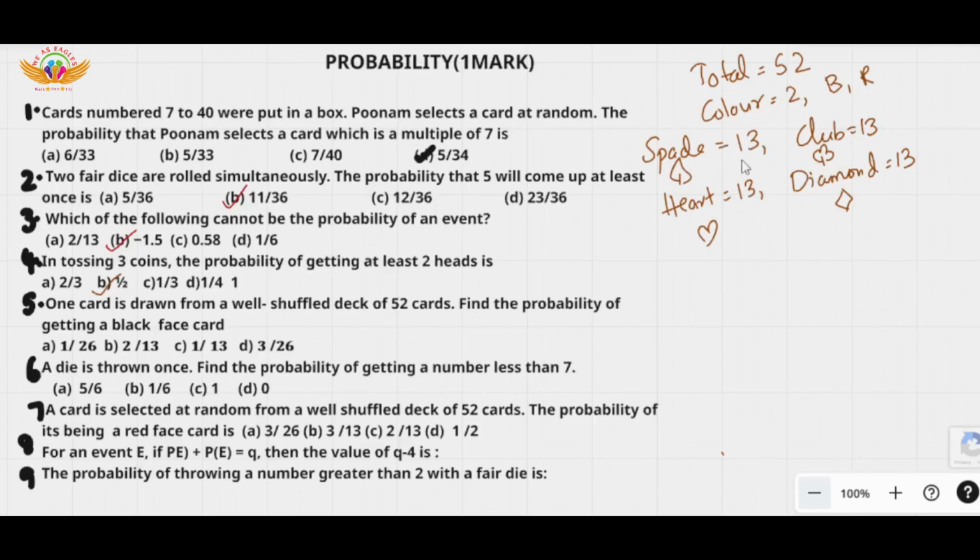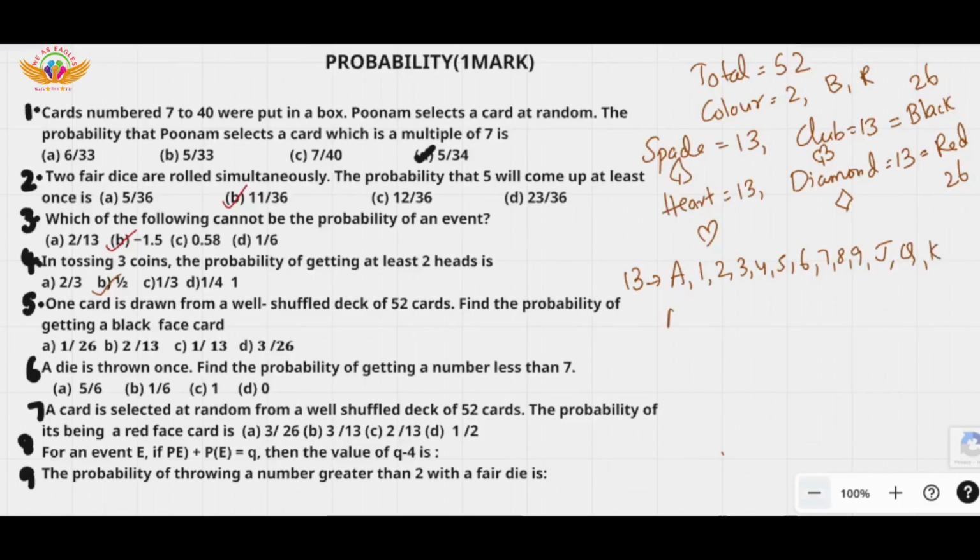In this, spade and club have the black color, and heart and diamond have red color. So 13 plus 13, we have a total of 26 black cards and 26 red cards. Okay, done. And in each 13, the cards will be divided as numbers 1, 2, 3, 4, 5, 6, 7, 8, 9, Jack, Queen and King.